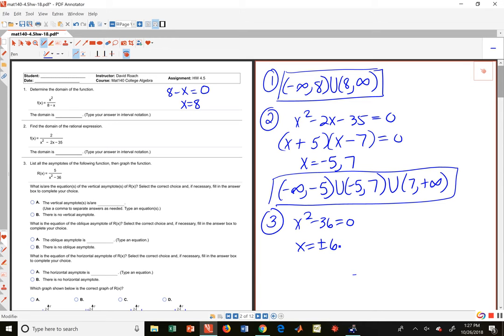You can do that by factoring this: x and x, 6 and 6, and minus and plus. So you get two problems, one at 6 and one at negative 6. That produces asymptotes. At minus 6 and at positive 6, there'll be a vertical line, and this function will be undefined there, creating vertical asymptotes.